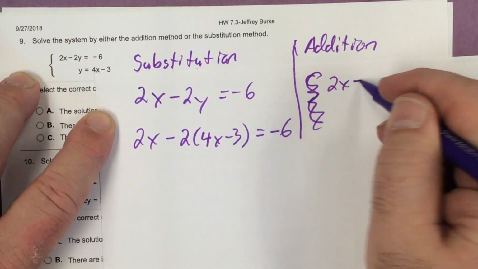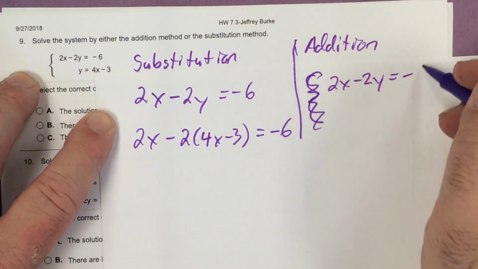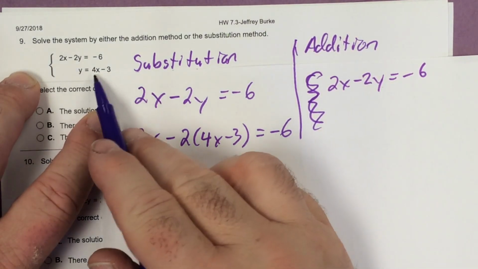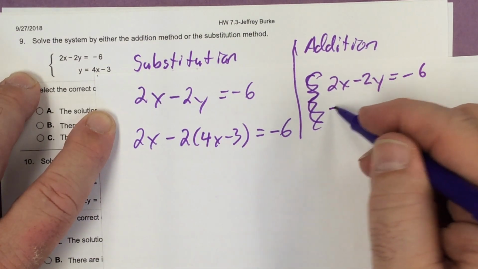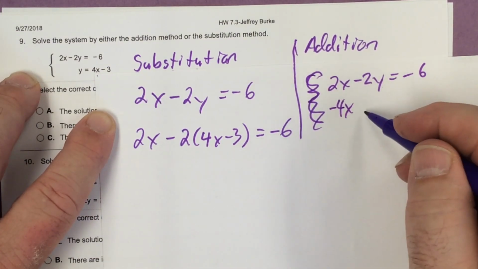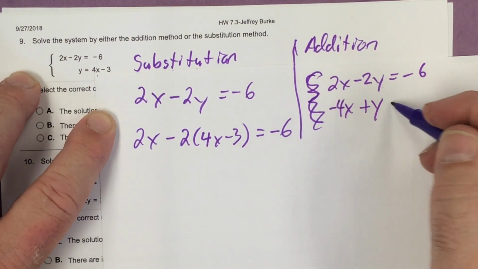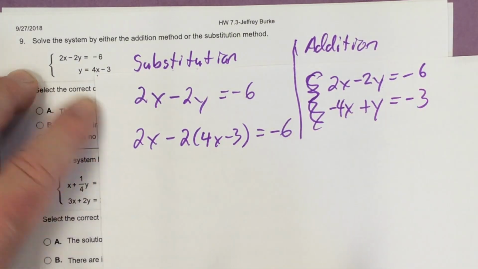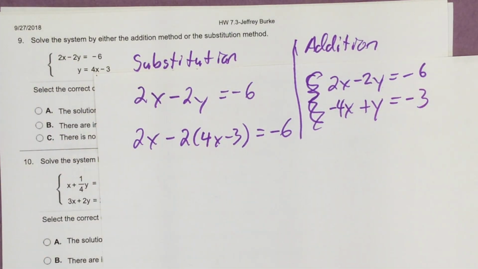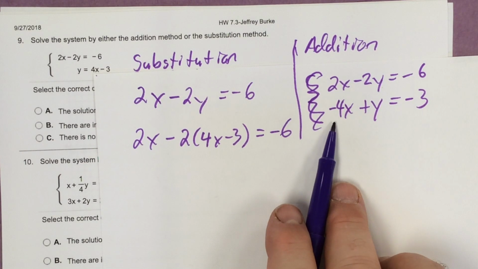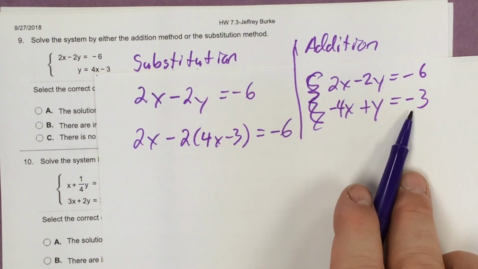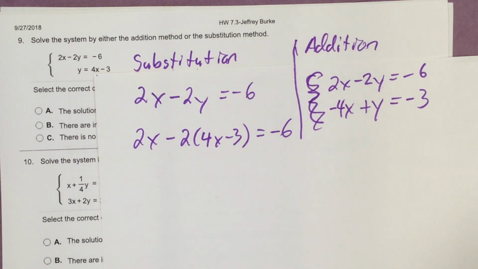So there'll be 2x minus 2y equals negative 6. Then I'll move the 4x to the opposite side, giving me negative 4x plus y is equal to negative 3. So if we solve this with the addition method, we need to rewrite the equation to look just like this. And let's see what we get.